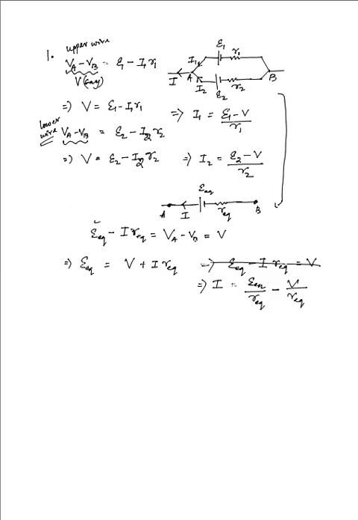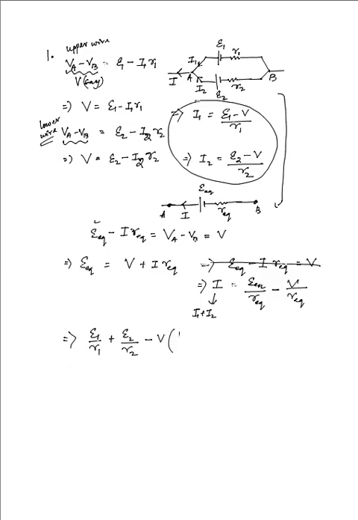Now if we observe these two values over here, we have I1 and I2, and from that we can get I. So on the left hand side, I is simply I1 plus I2, and that is equal to E1 divided by R1, I'm writing it separately for better solving, plus E2 by R2, the first two terms get added, and for V I can take V as common.